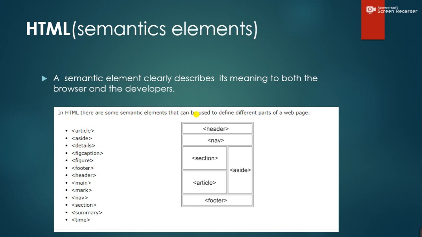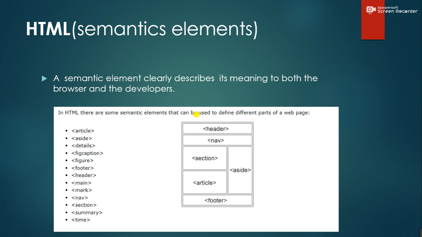Every user that comes and reads the semantic elements, by reading the text of the semantic element, will easily understand the usage of the semantic element. Like in HTML, there are some semantic elements that can be used to define different parts of a web page. If you have a page and you want to design different parts of your page, you can use semantic elements.